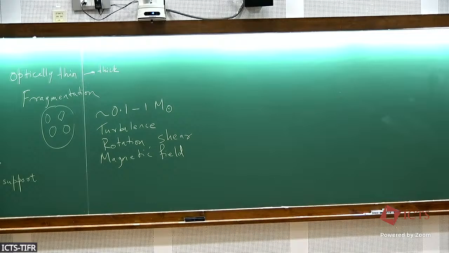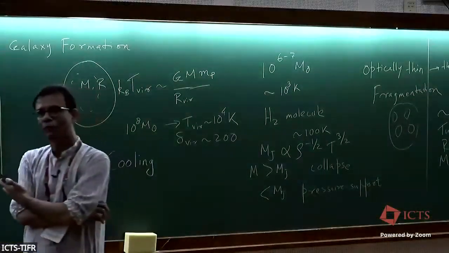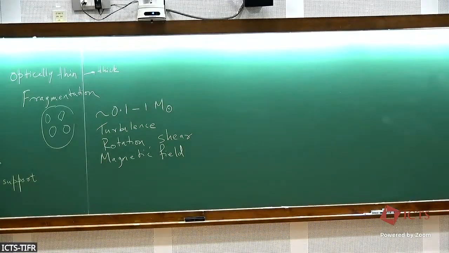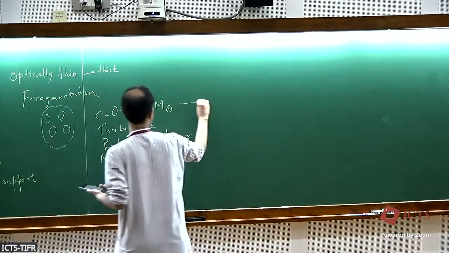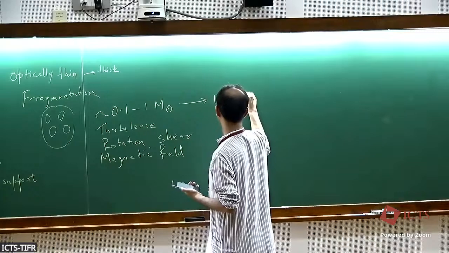No, that is not correct. Firstly, I will tell you why. This 0.1 to 1 solar mass I put is for a medium which consists of metals, like our galaxy. Suppose I was forming stars at very early redshifts where there were no metals, only hydrogen and helium. This number will turn out to be 10 to 100 solar mass.